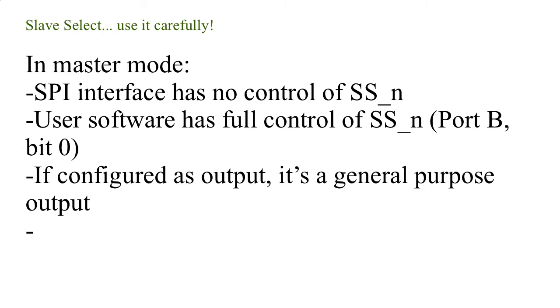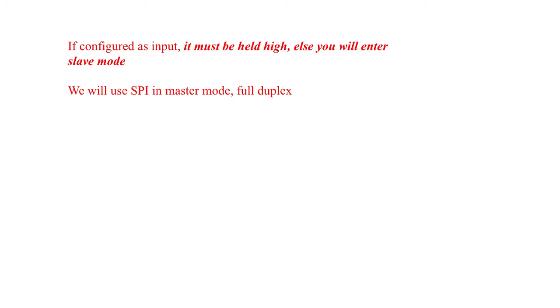Software is doing this, and this is a configuration of an output for one of the bits in port B. If you configure it as an input, you have to hold it high or else you're going to enter into slave mode. And what we do is we use the SPI in master mode and assert it low and use it in full duplex.